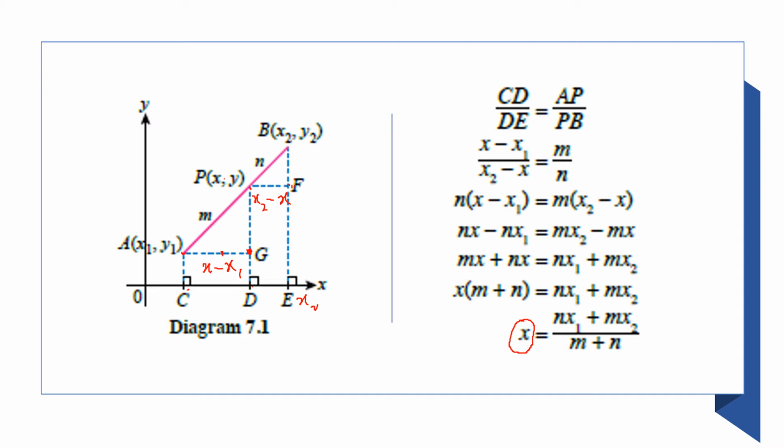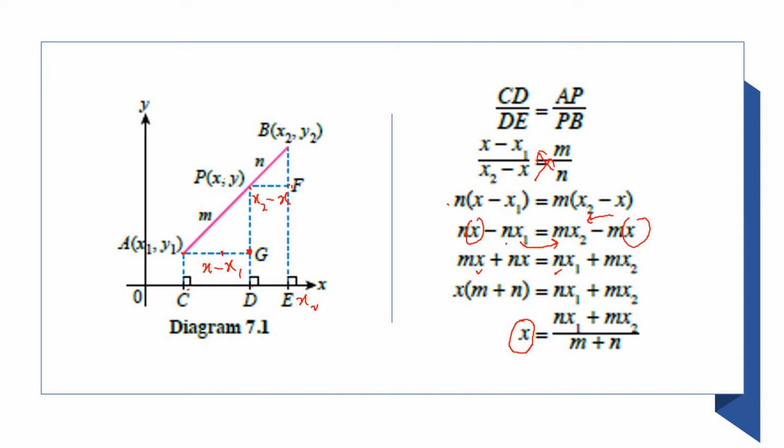Let's say M and N here, so it is M over N. So once we cross multiply, you will get N over here and M over here. Then we gather the like terms which are X and X. So we bring MX over here, we will get positive MX, and negative NX1 over here will be positive NX1. So finally, we can get the coordinate of X in this form.